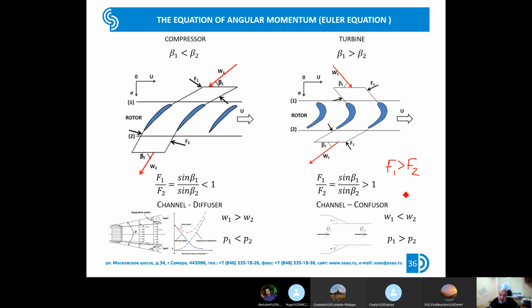The confuser channel has no problems with separation, and it provides a lower value of losses. It's the first moment, and of course in the confuser channel we have acceleration of the flow and pressure drop.